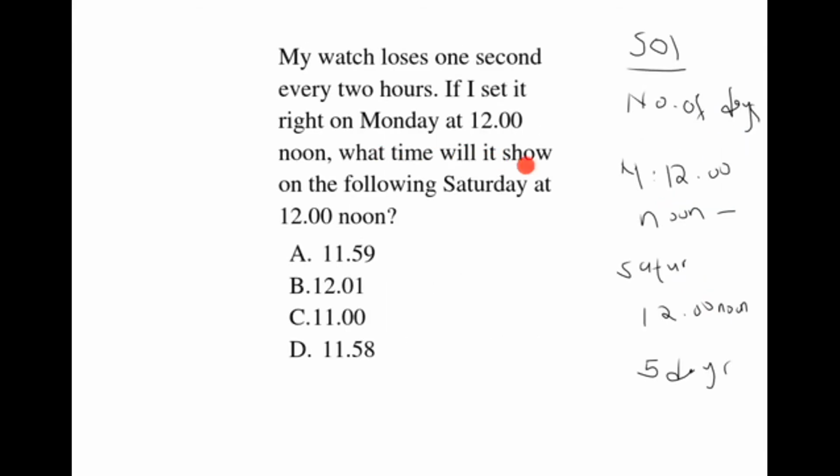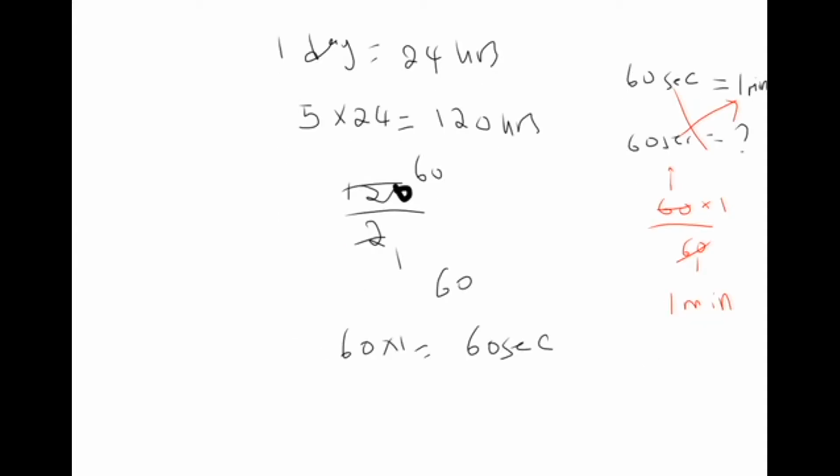Then the question asks us, what time will it show on the following Saturday at 12 noon? So 12 noon, subtract 1 minute. Here, we borrow 1 hour from here.